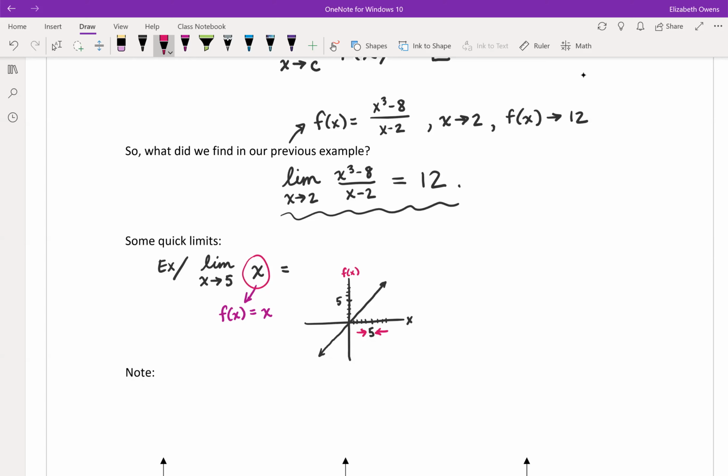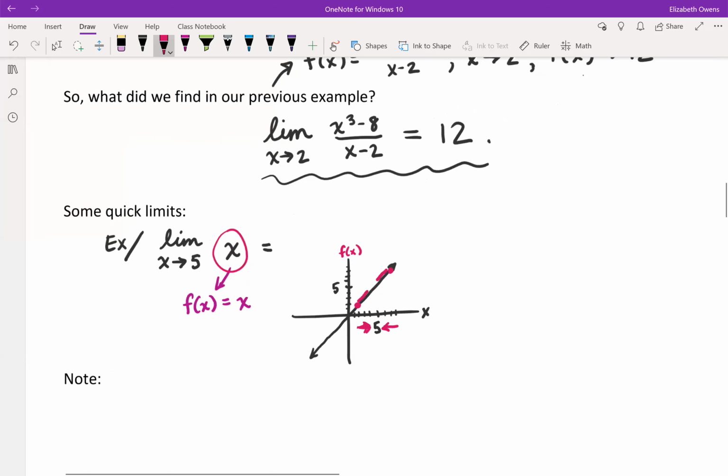So as we come in along the x direction towards 5, imagine putting your fingers on the function, like here and here, and then move your fingers toward one another to simulate what's happening as x gets close to 5. So both your fingers are moving towards an x value of 5 horizontally, but they're scooting along the function itself.